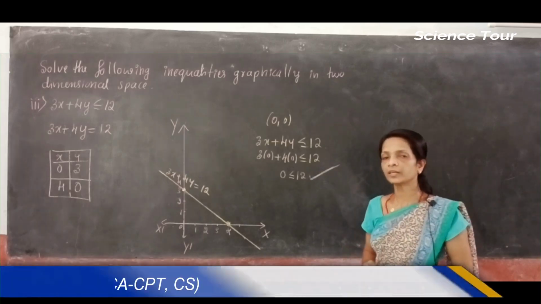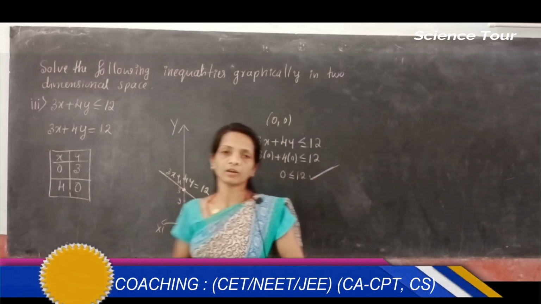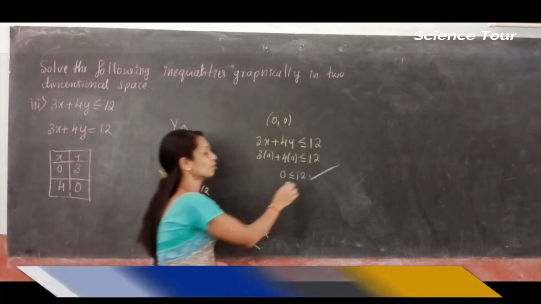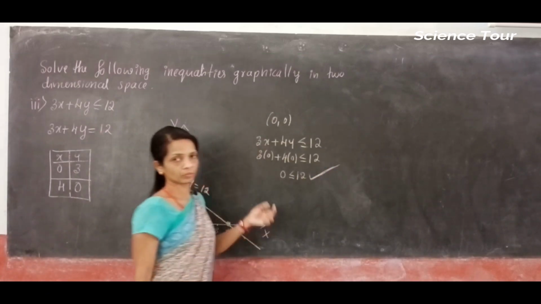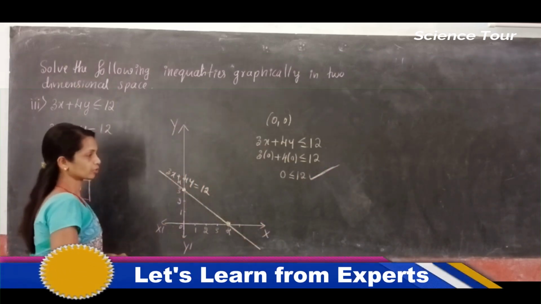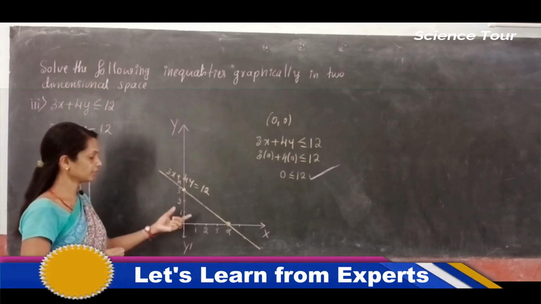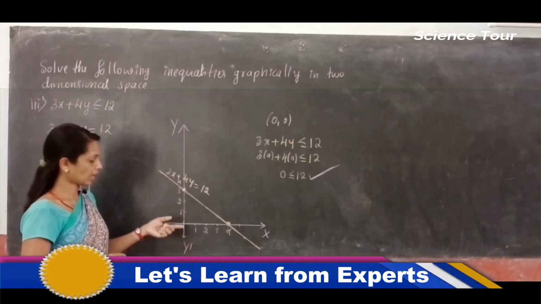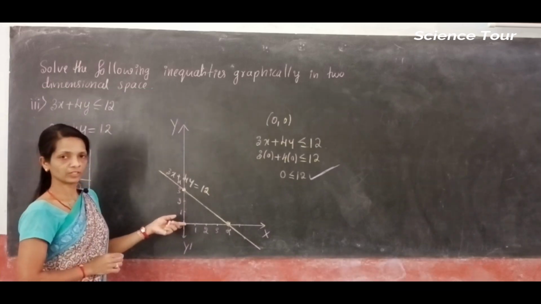If you get a correct inequality, which half plane do you have to shade? You have to shade the half plane containing the checking point, because you got a correct inequality here. In the lower half plane, you have the checking point 0, 0.